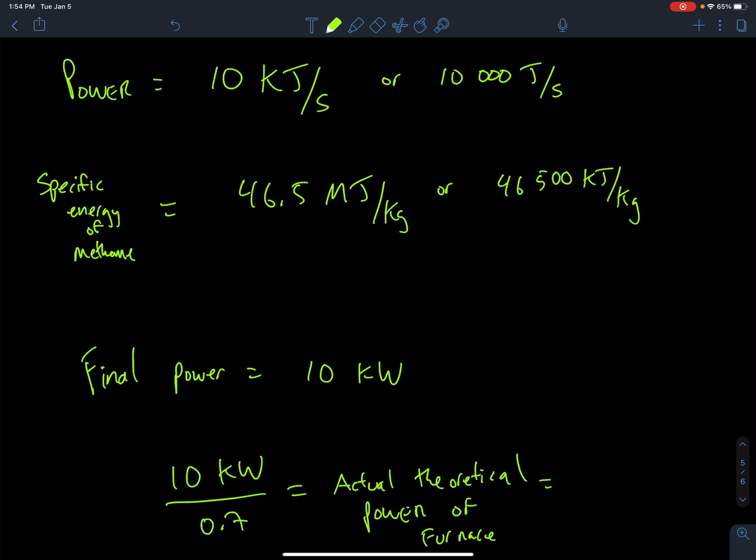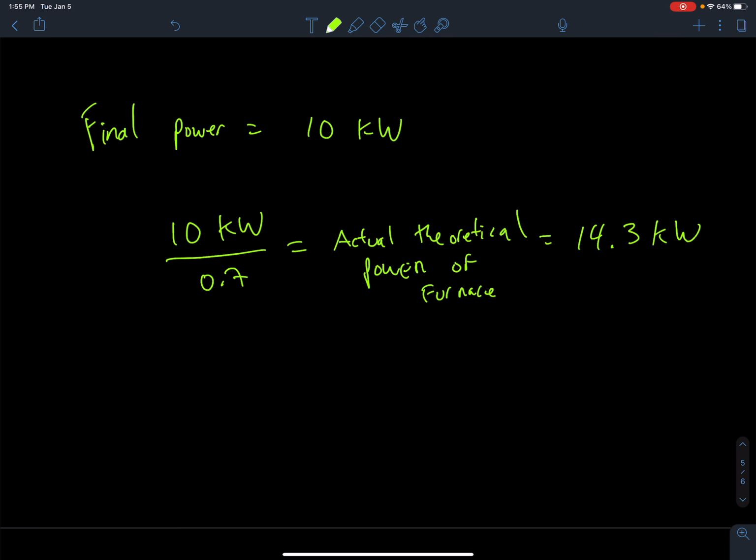So 10 divided by 0.7 means that I am actually burning to create 14.3 kilowatts of heat. So 14.3 kilowatts is 14.3 kilojoules per second.